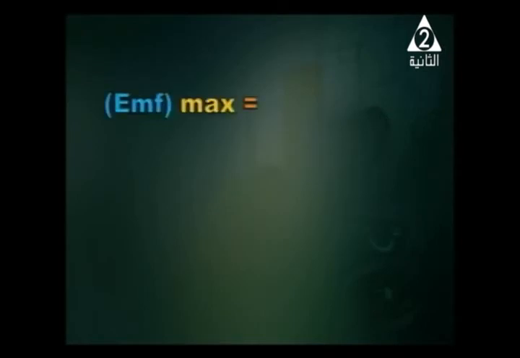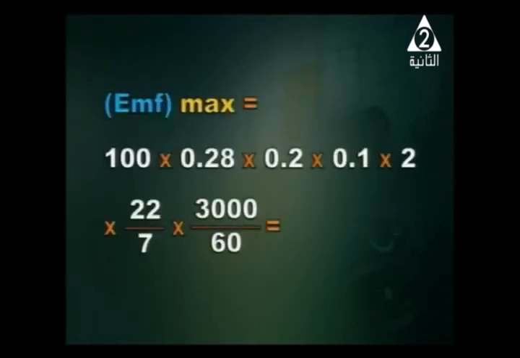So EMF maximum equals 100 number of turns, magnetic flux density 0.28, length and width should be in meter, so 0.2 times 0.1 times 2 times pi, 22/7. Frequency is given in minutes, so it is converted into seconds, divided by 60. So maximum EMF equals 176 volt.